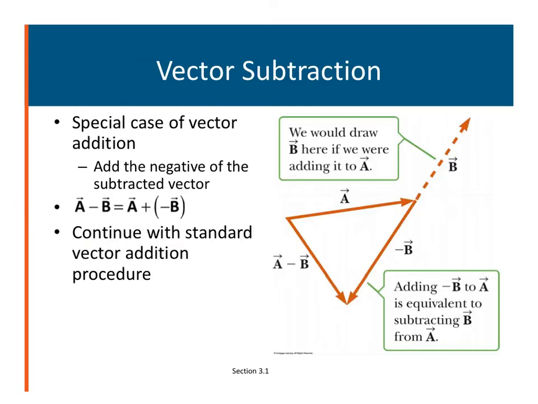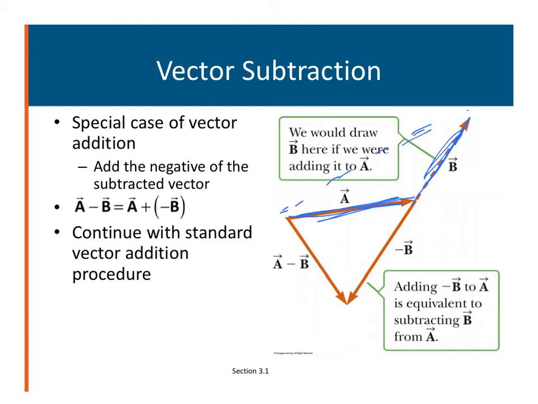So we can use this idea of a negative vector to subtract vectors, because subtraction is really just the addition of the opposite. And so if we want to subtract vectors, say we have vector A and we want to subtract vector B. If we were to add vector A and B, here's vector A, B would be up here and we would get a resultant right there, but we want to subtract.